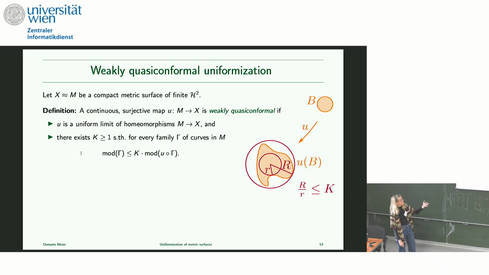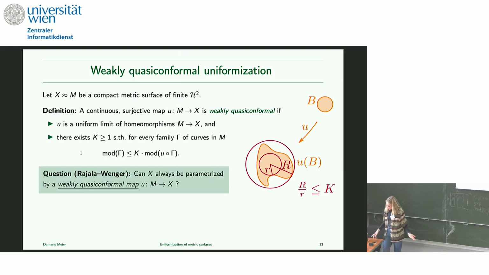Then the map is just a uniform limit of homeomorphisms. That's what I meant by an almost homeomorphism before. And one of these modulus bounds holds for every family of curves in our surface M. The other one does not hold because we can collapse things.